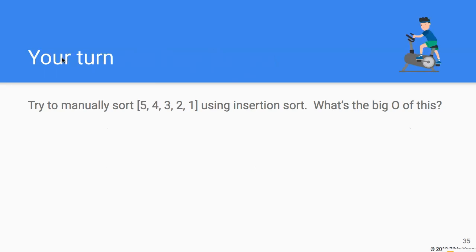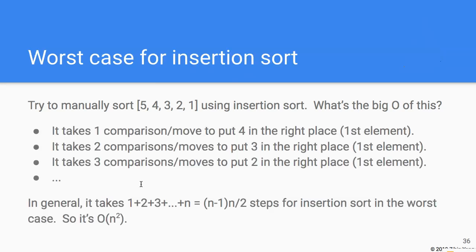Okay, what about this list? Can you sort it with insertion sort? Well, if you do that, you will see that this is actually the worst case scenario for insertion sort, this list that is sorted in exactly the reverse order.